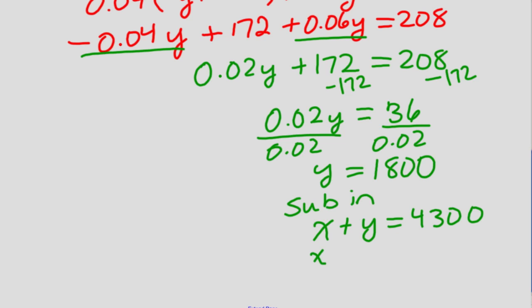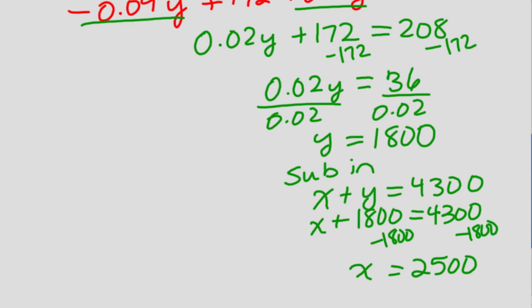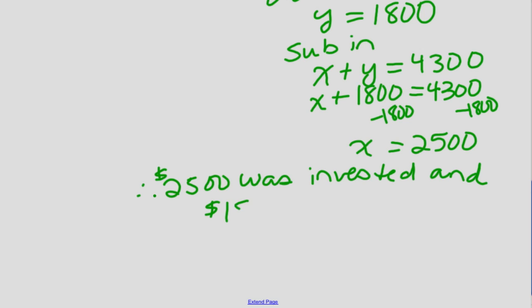And for y, I'm going to put 1,800 and substitute. And then subtract that from both sides. And our answer for x is 2,500. So what we'd have to say in a therefore statement is, therefore $2,500 was invested and $1,800 was loaned out.